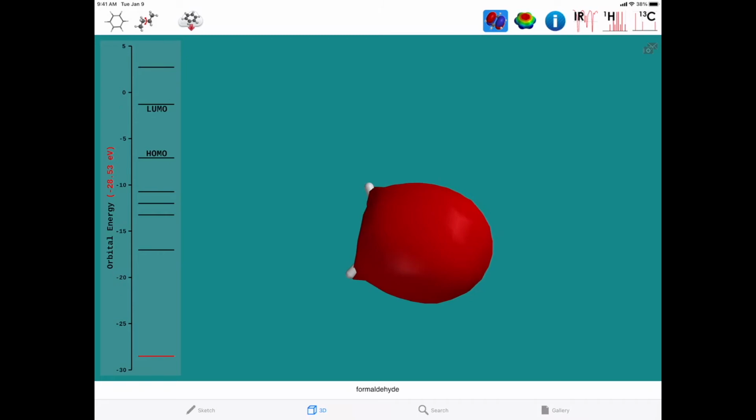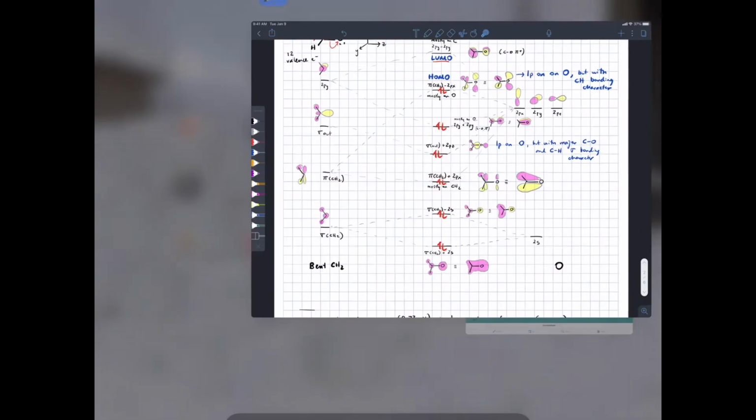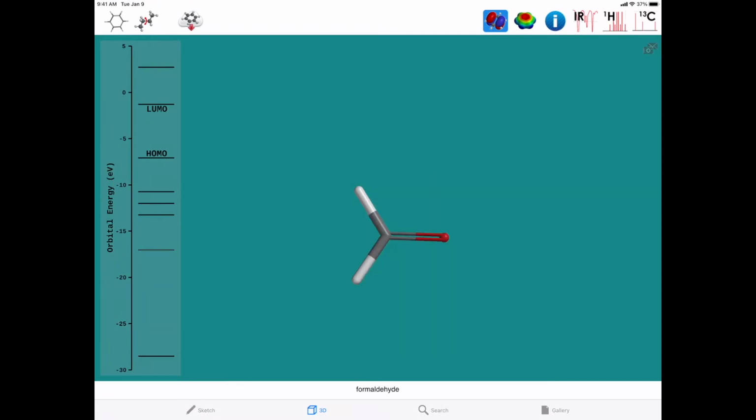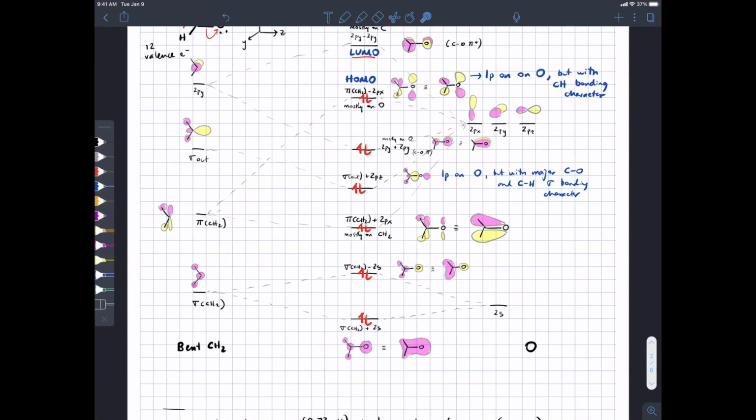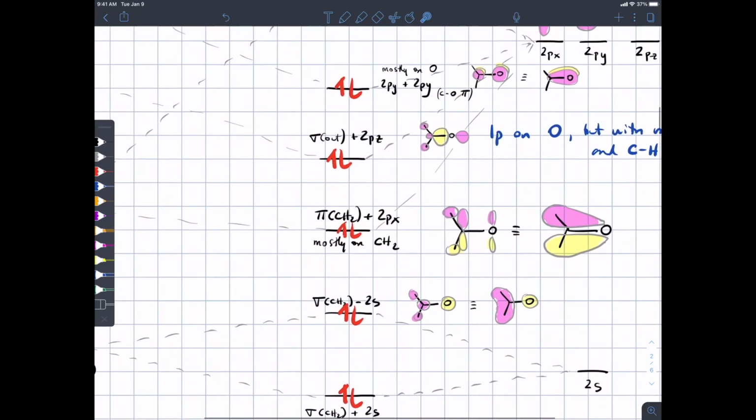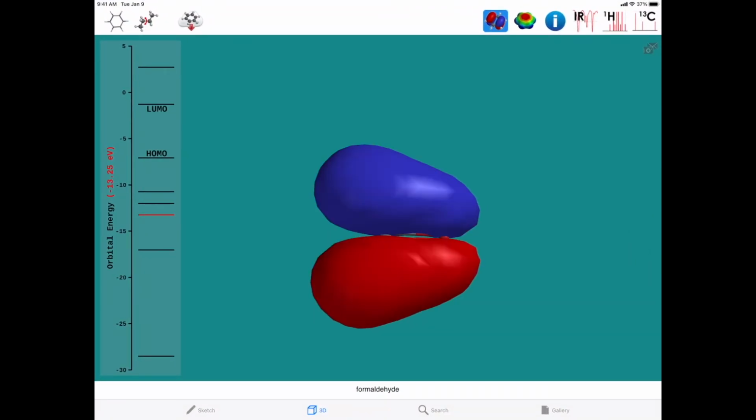You can see that it is mostly on oxygen, like we showed there. Here is the out-of-phase combination that is mostly on carbon, just like we showed here. Next, we would expect to see pi CH2 plus 2px with a bias towards the carbon. And that is indeed what we see.